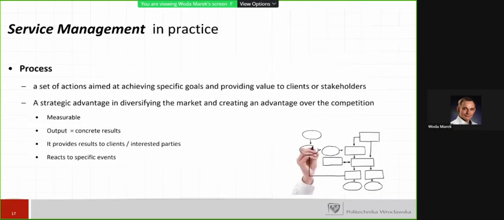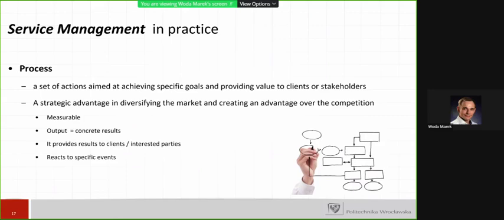So, service management in practice. We will continue with the definition. A process is a set of interrelated or interactive activities that transform one or more defined inputs into defined outputs, through a defined sequence of actions and their dependencies.